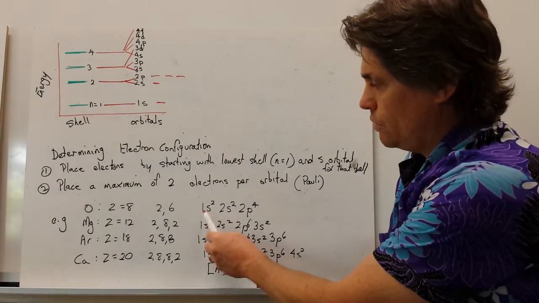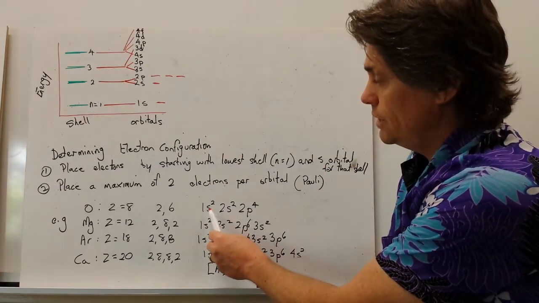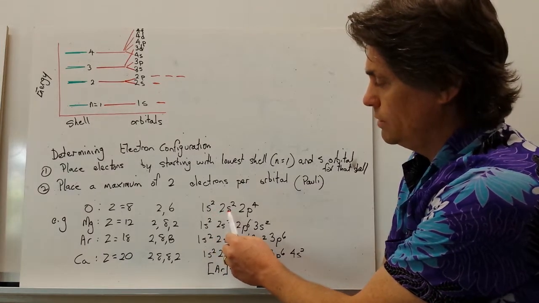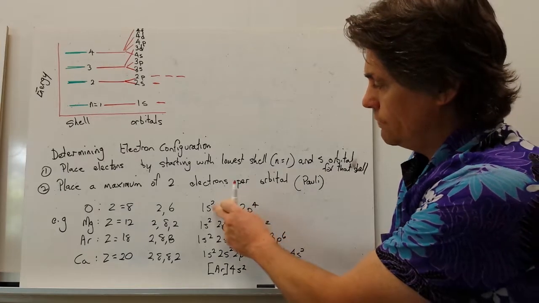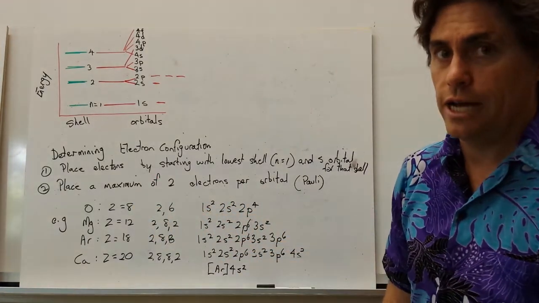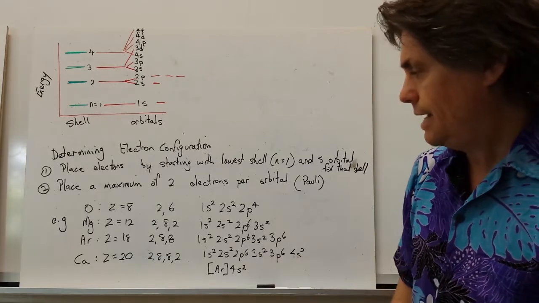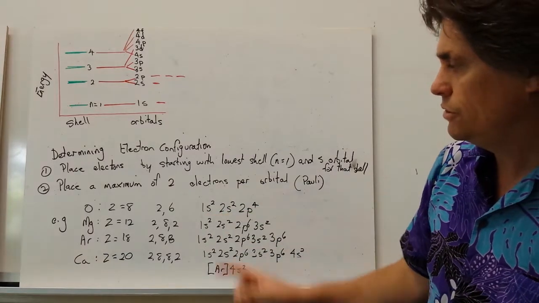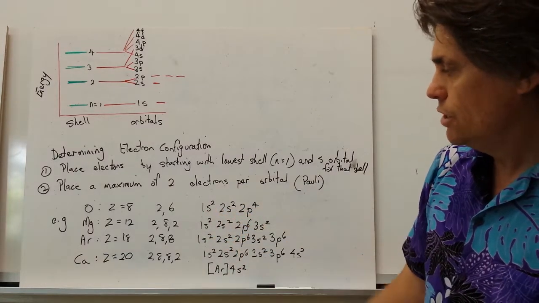So for oxygen, we've got 1s2 from the first shell, 2s2, our second s orbital, and then we've got 4 electrons left. 2 plus 2 plus 4 gives us our 8 for a neutrally charged atom, or what we call a ground state atom. So our electronic structure for oxygen is 1s2, 2s2, 2p4.